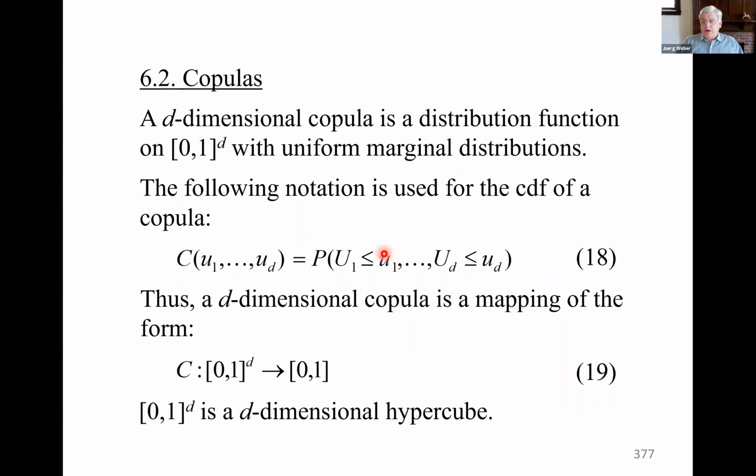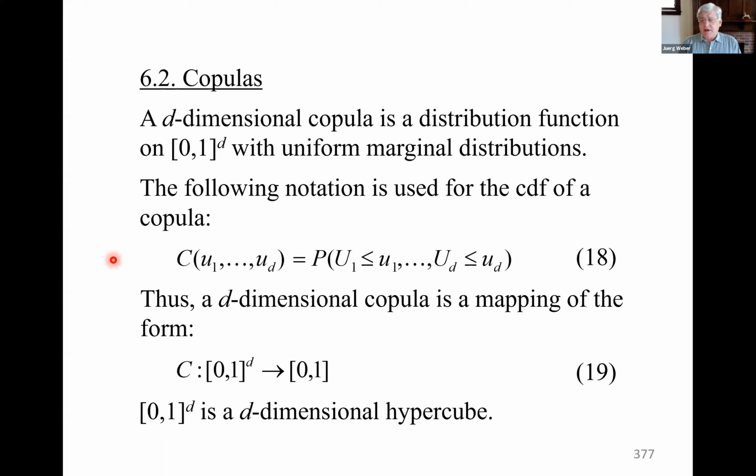Now let's go to the copulas. Now a copula is simply a distribution function with uniform marginal distributions. And if you want to write down the CDF of the copula, I do it here in equation 18, but naturally you can also write down, and later we will also write down, the PDF of the copula, the probability density function.